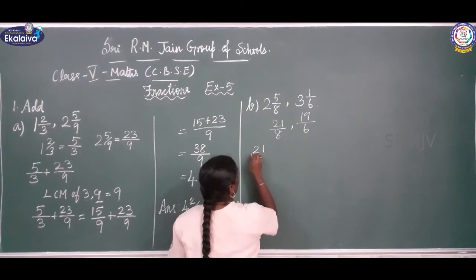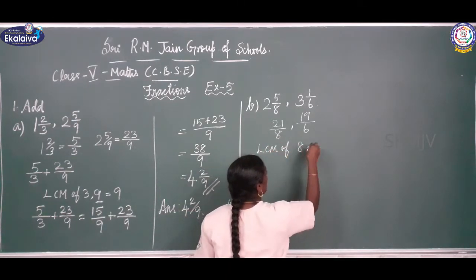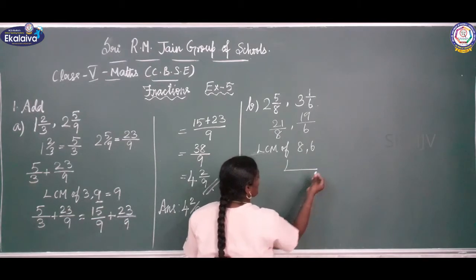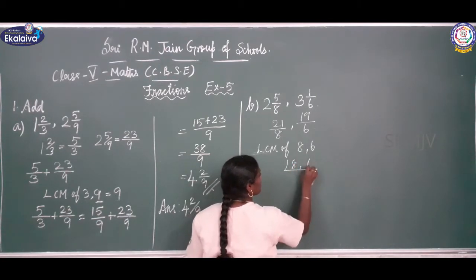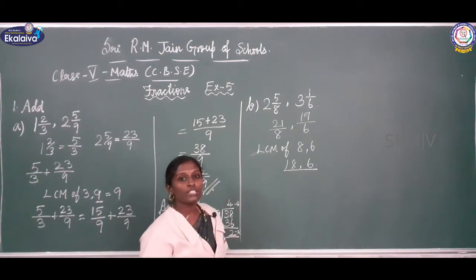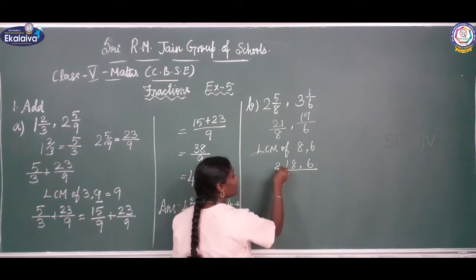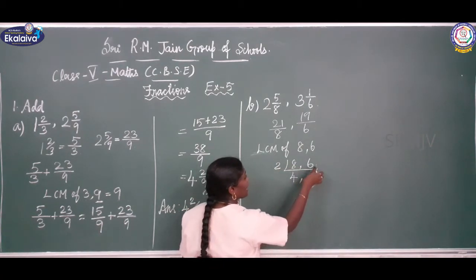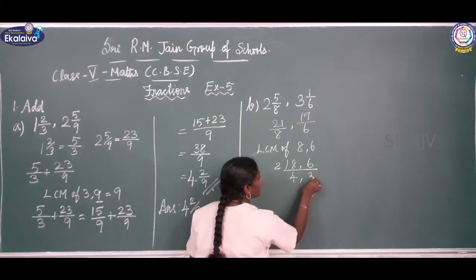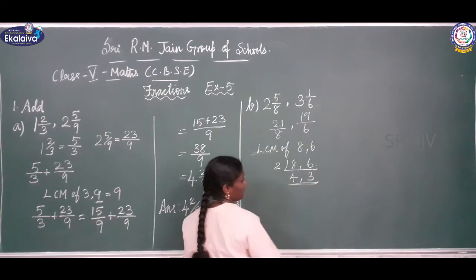So LCM of 8 and 6. We are going to use the L division method. Here both the numbers are even numbers. So 2 is the smallest prime factor. So 8 divided by 2 is 4, and 6 divided by 2 is 3. Here 4 and 3 are co-prime numbers.